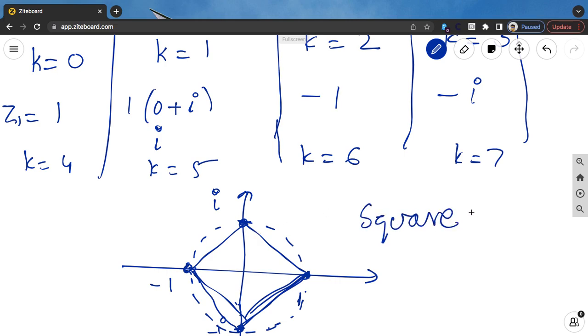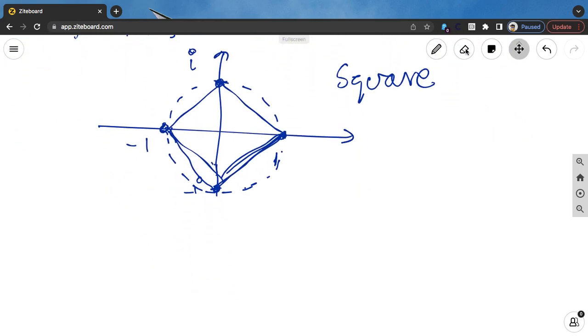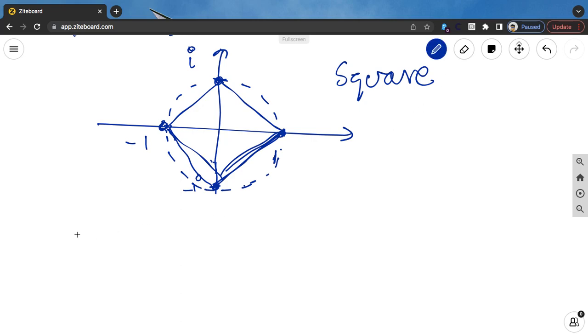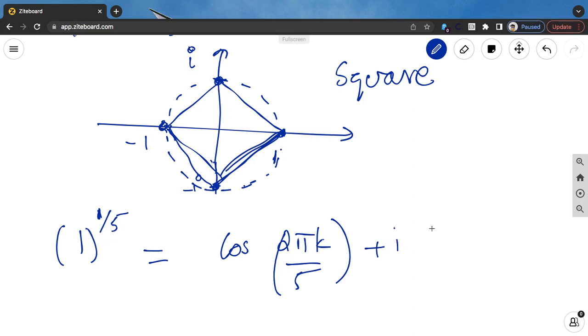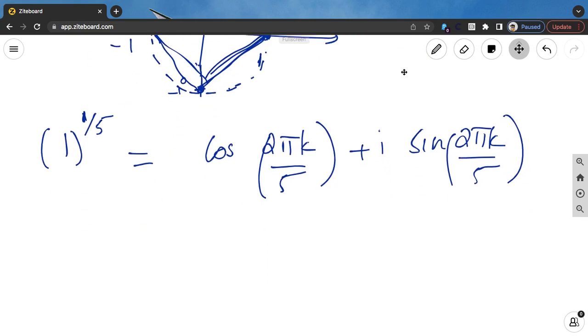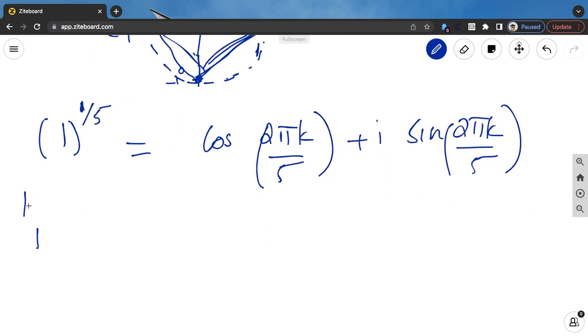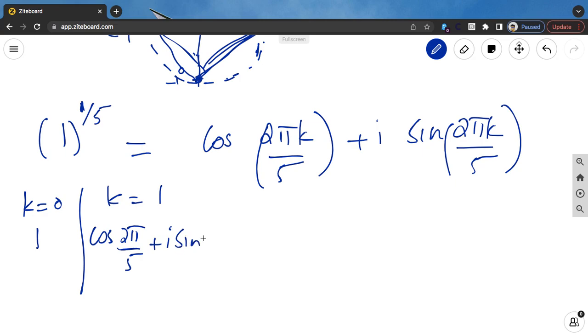So we were on a circle, then we went on the vertices of an equilateral triangle, then a square, and now if you follow the pattern, you will realize the 5th root of unity will have values cos of 2 pi k by 5 plus I sine of 2 pi k by 5. If I substitute k as 0, I'll get 1. If I substitute k as 1, I'll get cos of 2 pi by 5 plus I sine of 2 pi by 5.